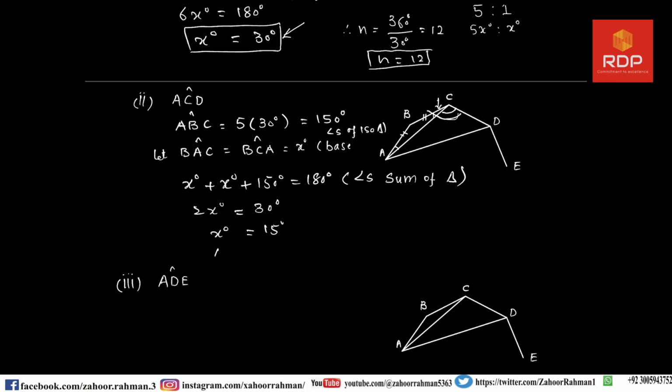So ACD will be equal to 150 degree minus 15, and that will be equal to 135 degree. So that's it.